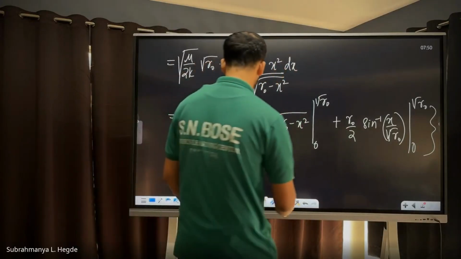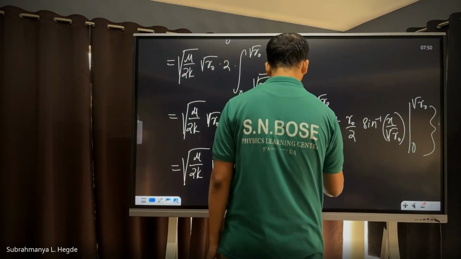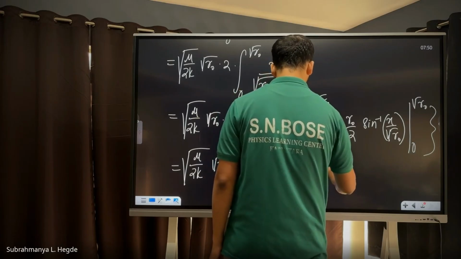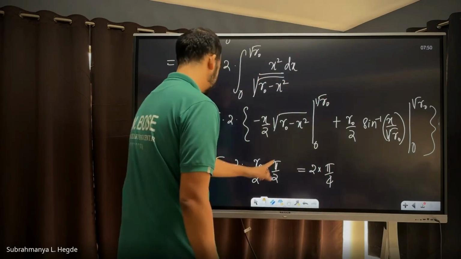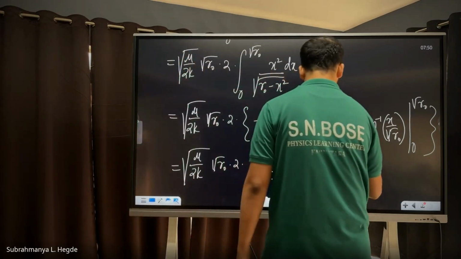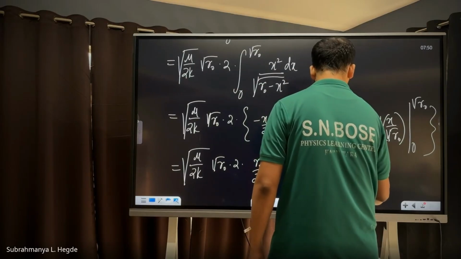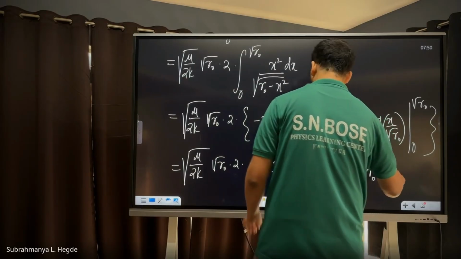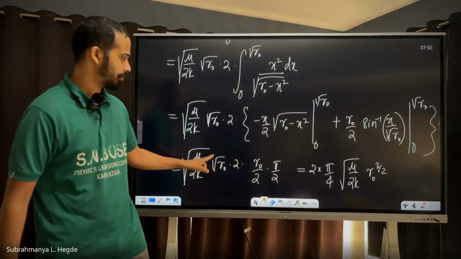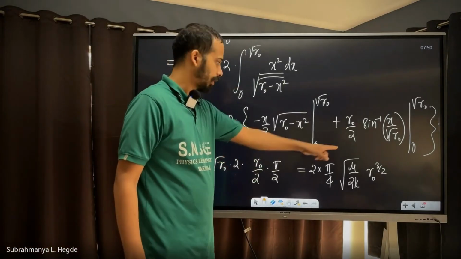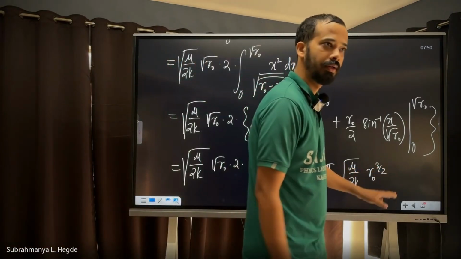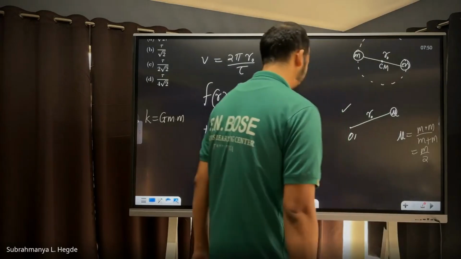Can you see here? 2 into pi by 4, root of mu by 2k, r naught power 3 by 2 is there.